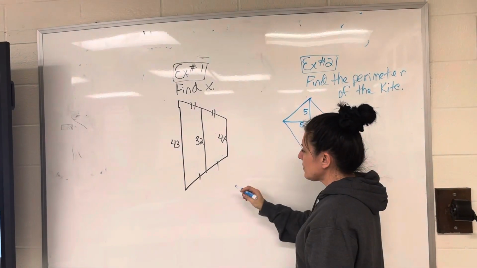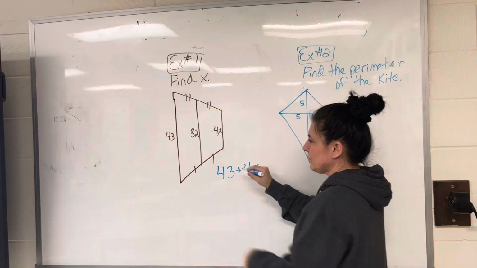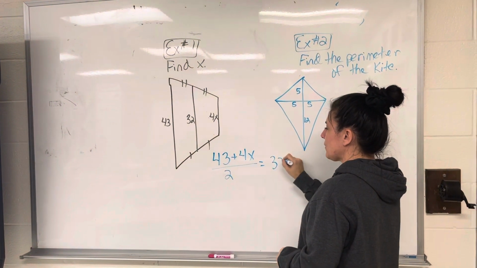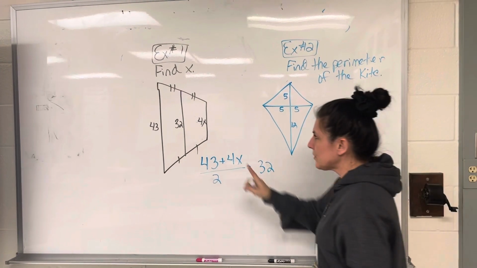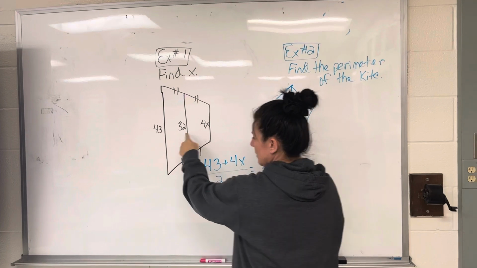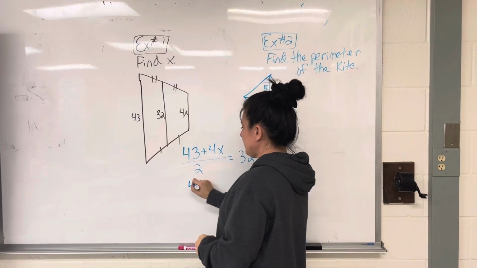So we're going to set this up as 43 plus 4x divided by 2, and that will give me 32 as my answer. So this plus this divided by 2 gives me this. First thing I'm going to do is multiply by 2 to get that 2 out of the denominator.